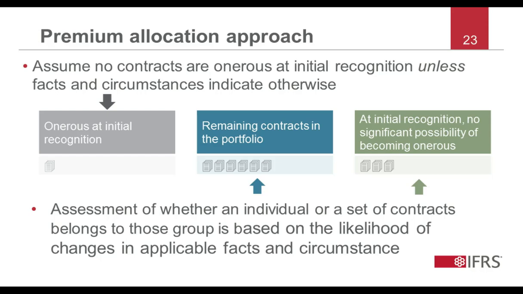In addition, under the premium allocation approach, the entity will need to make the assessment between the other two minimum requirement groups based on the likelihood of changes in the applicable facts and circumstances. We have a separate webcast called Simplified Accounting for Short-Term Coverage Periods, which discusses the premium allocation approach.